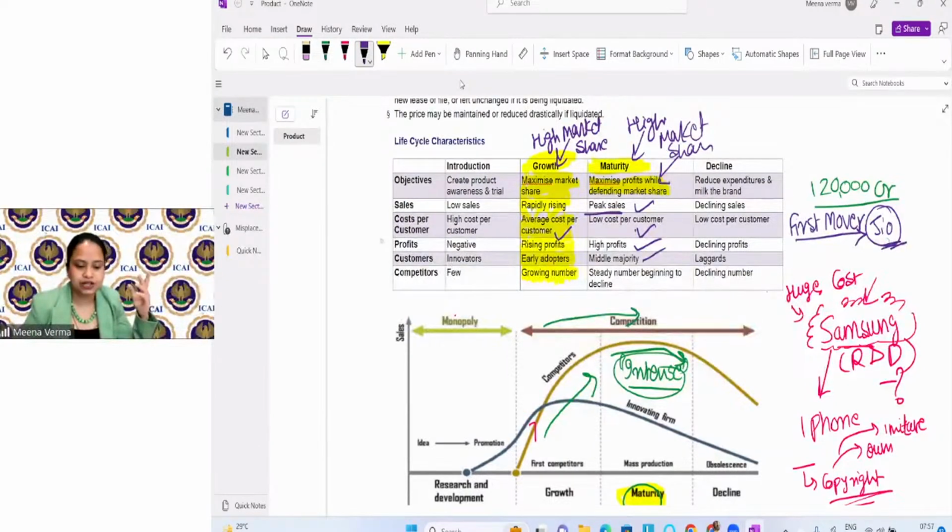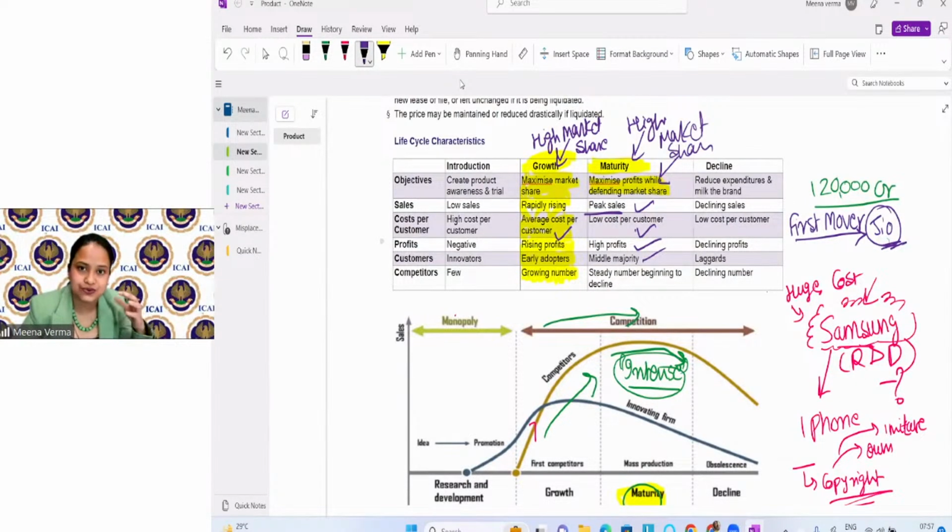Okay? And the middle majority, the customer, is what? They know about the brand now. Maybe they have reached brand loyalty. So for example, now in the market, you can see so many phones, right? But some people, they like iPhone. No matter whether Apple is introducing more features on it or not, no matter it is expensive, some people have brand loyalty. They love Apple phones, they love iPhones, right?